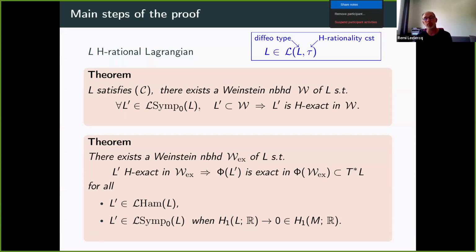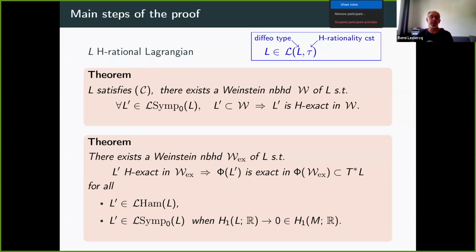So tau is a real number, and then curly L is the set of Lagrangians which have the same diffeomorphism type as L, which is the first parameter, which are H rational and with fixed H rationality constant tau. Okay, I hope it's clear. So in particular, tau is the H rationality constant of L. L is obviously an element of this set.